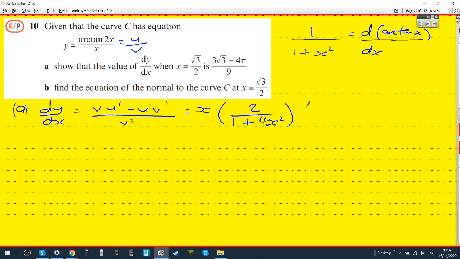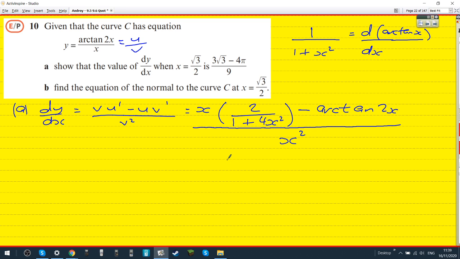Do I now need to times? Oh, and now I do plus. Oh no, minus, sorry, minus arctan 2x times just arctan 2x on its own, I think. Yeah, times 1, all over x squared.